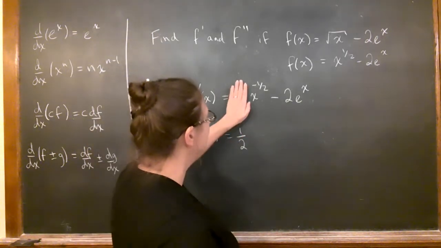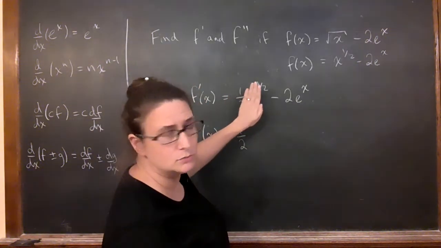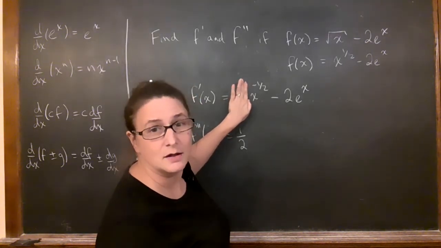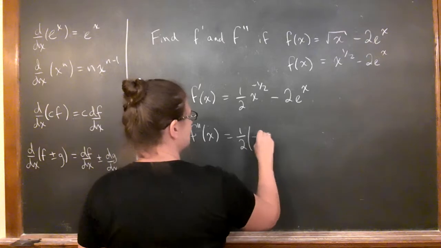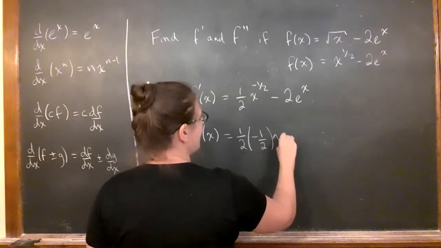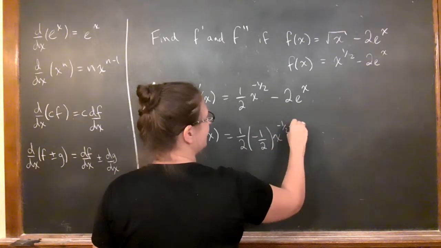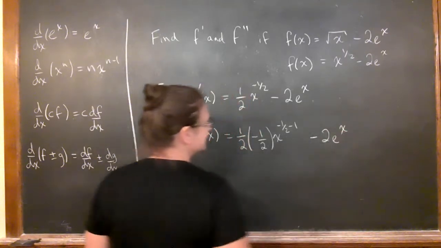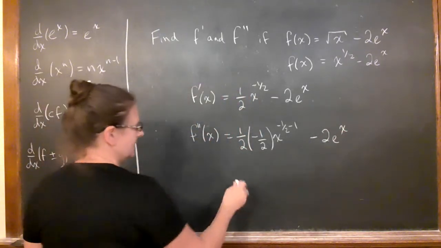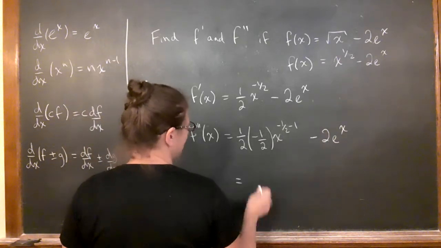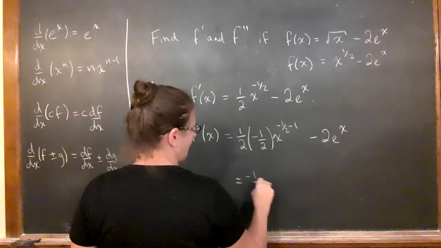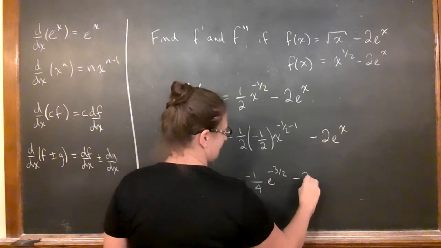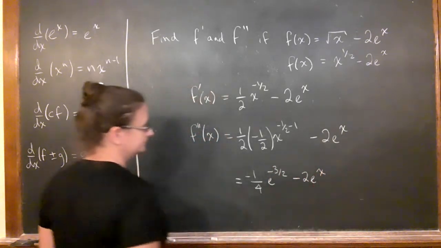And now I do n x to the n minus 1 on the x to the minus 1/2, right? So this would be minus 1/2 x to the minus 1/2 minus 1. And this one just stays the same because the derivative of e to the x is e to the x. I could clean this up a little bit. Sure, there it is.